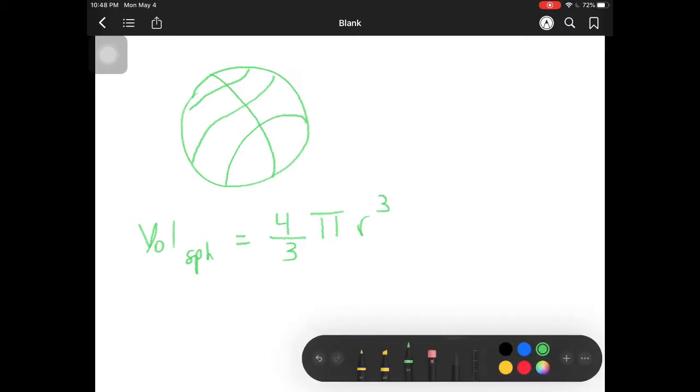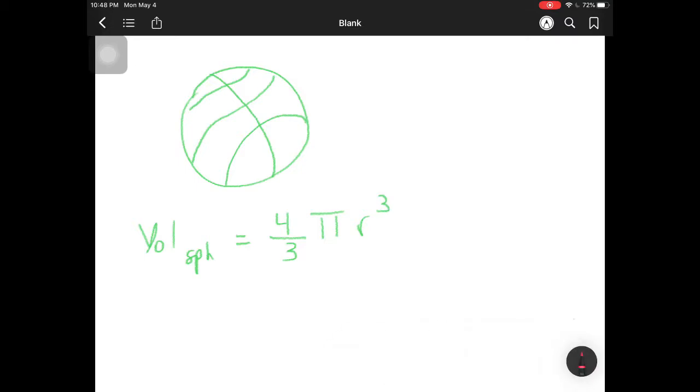And what is r? R is the radius of the sphere. Now, we're gonna see this when we talk about circles, but you either leave your answer in terms of pi, or you can say that pi is 3.14, and sometimes they give you how to calculate pi.